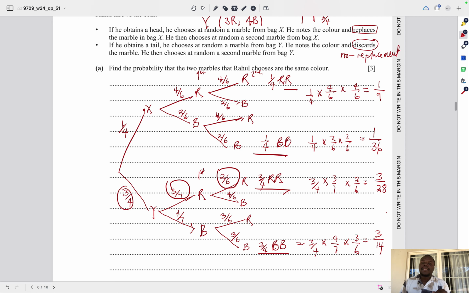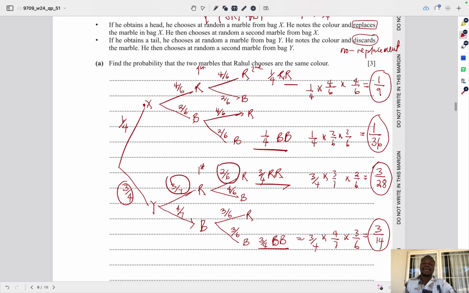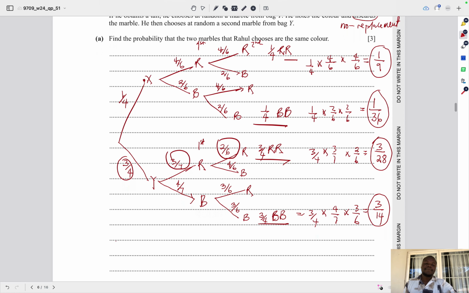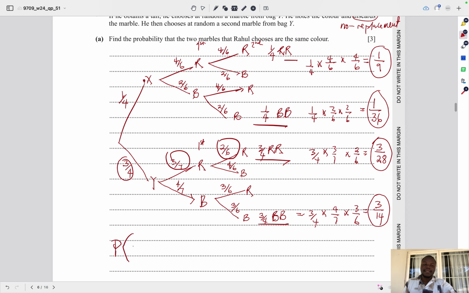Now these are all the probabilities that do give us the same 2 colors being picked. So these are the probabilities that give us the probability of picking 2 of the same colors. Okay, so now the answer to this is simply the sum of these probabilities. So the answer to this, where we are having the probability of picking the same color, is simply going to be the sum of these.